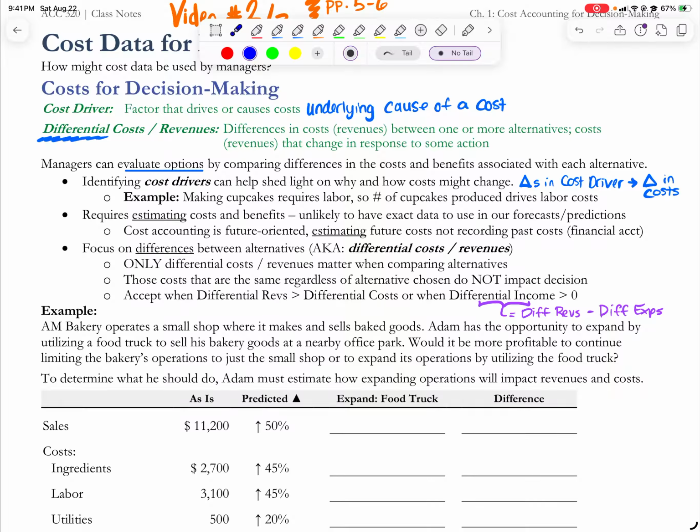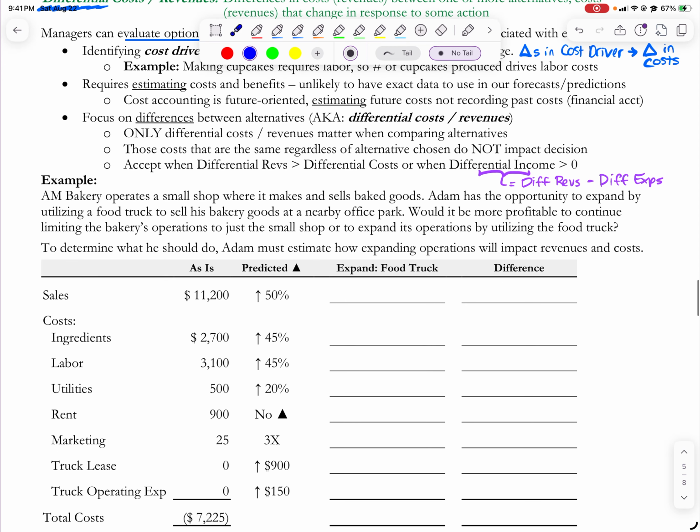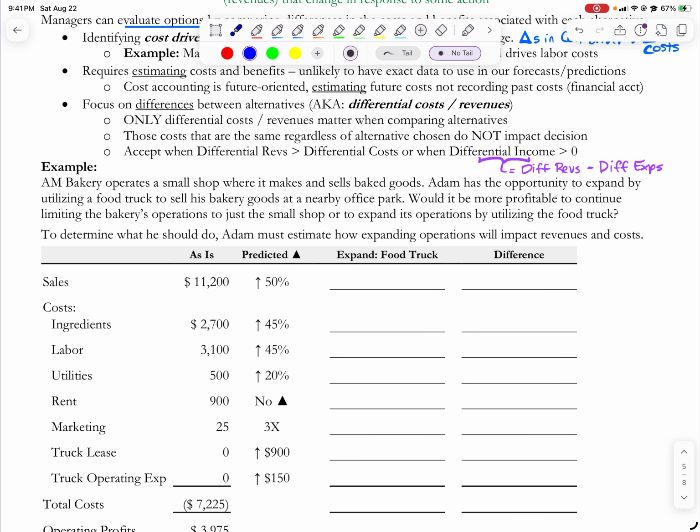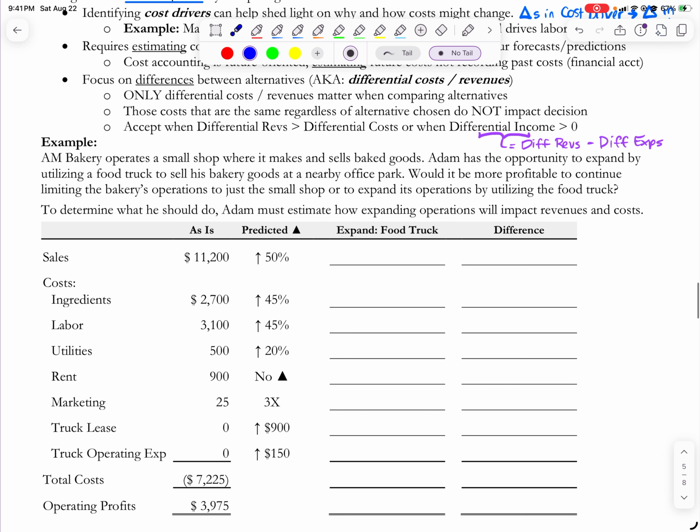The costs that are relevant are the ones where this cost for option A is maybe $500 and I don't incur that cost at all for option B. Those differences between their costs are what we're concerned with when making decisions. So we're not just focused with overall cost and revenues, we're focusing on how alternatives' costs and revenues, or costs and benefits, will differ from one another.